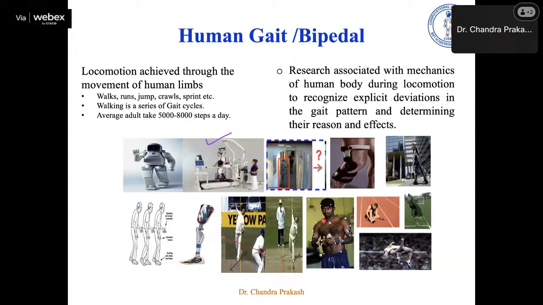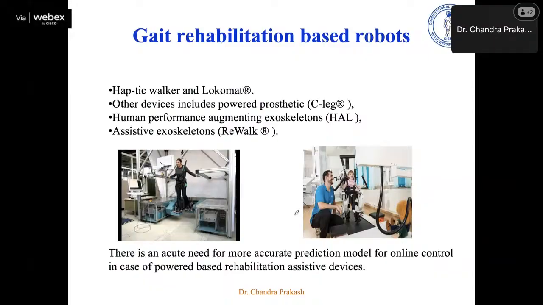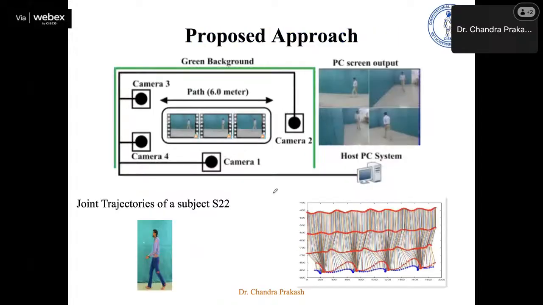We tried to apply this SVM-based approach on gait rehabilitation, then on gait recognition also, and in sports as well, right? We see how we can apply SVM or SVR specifically in the case of robots, so that we can come up with an assistive exoskeleton. For the same, we have prepared a data set at the Raman lab.